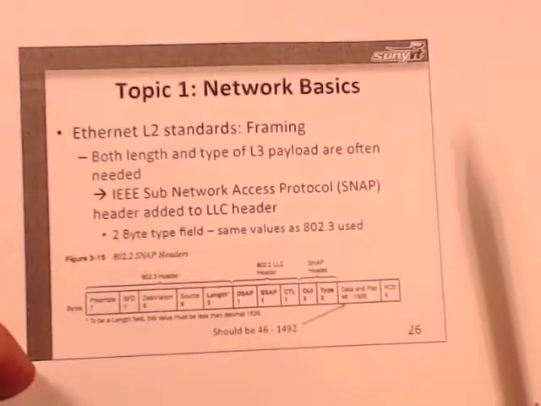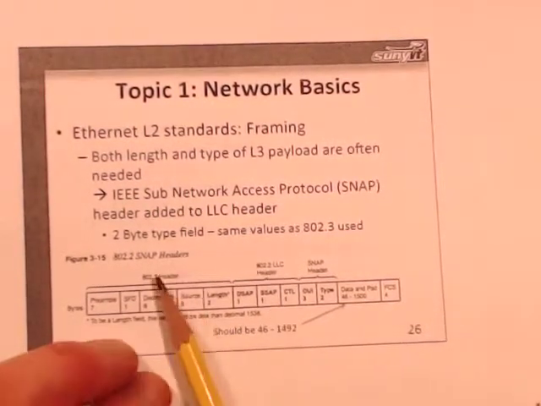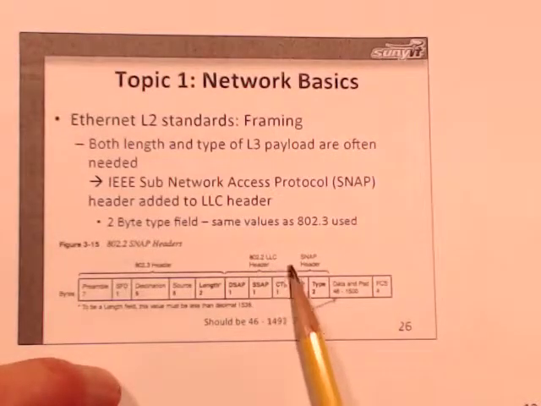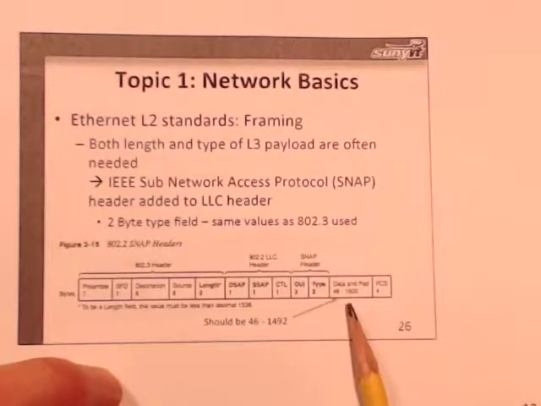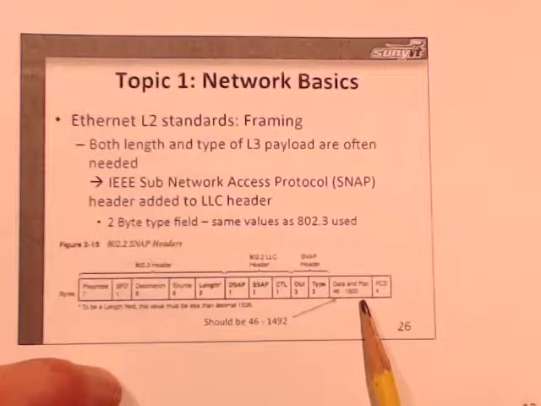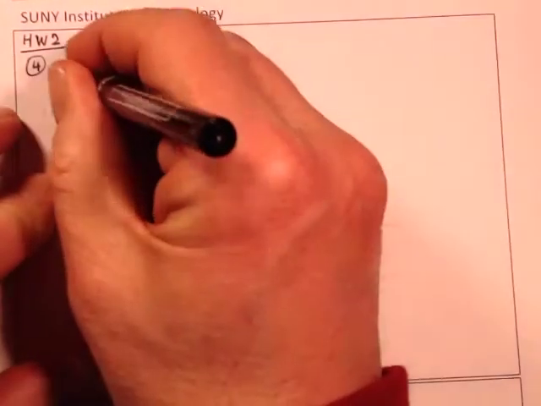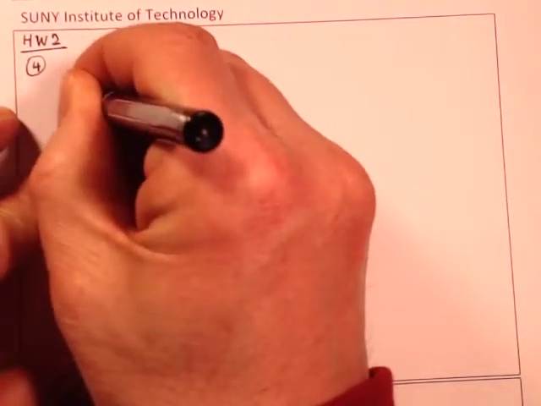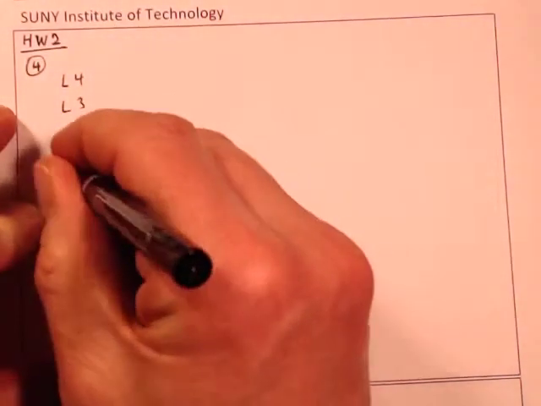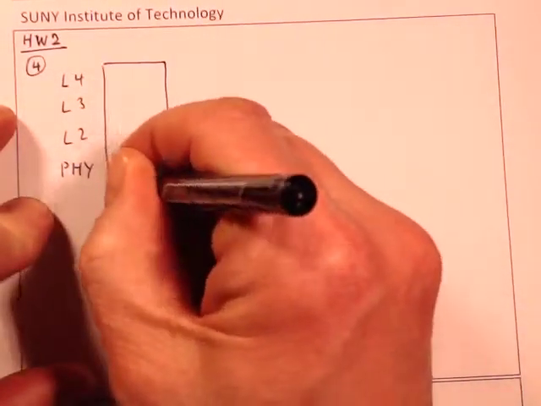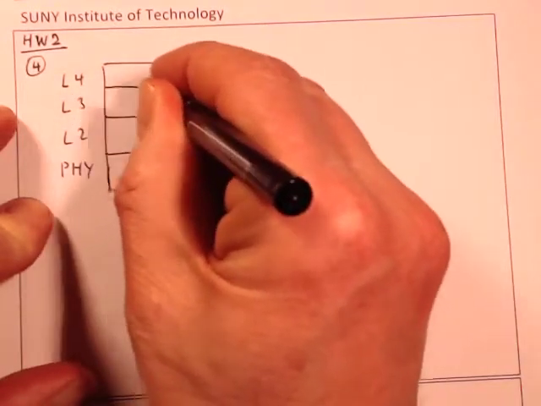So you can see the 802.3 header here. Then we've got our LLC header. And then the SNAP is fitting right in between the LLC and layer 3. This gives us the hint that we're going to have layer 4, layer 3, layer 2, and then the physical layer in our generic layer diagram.